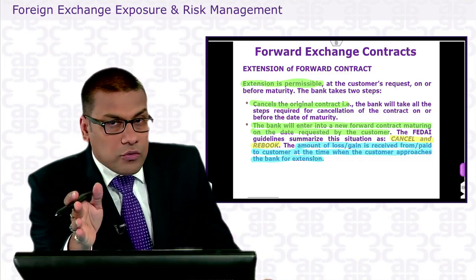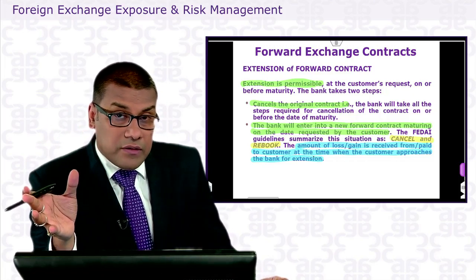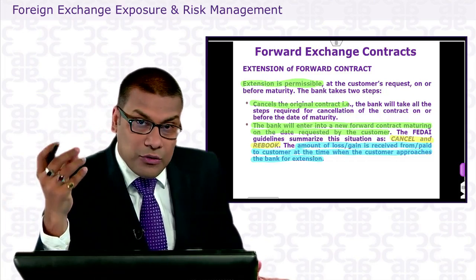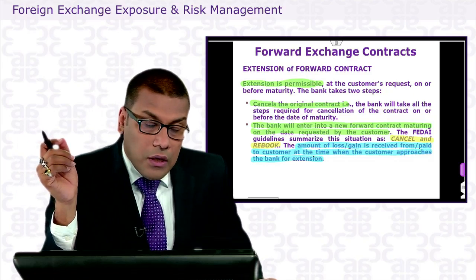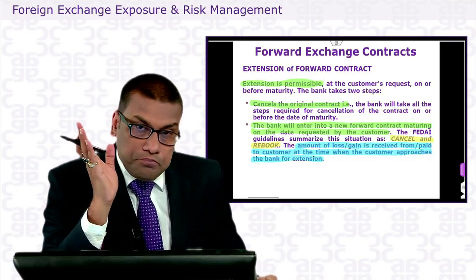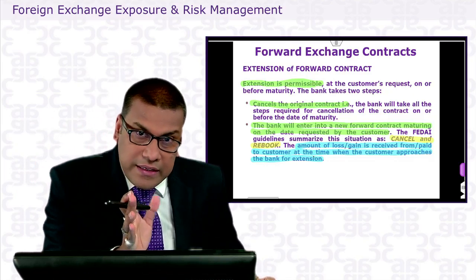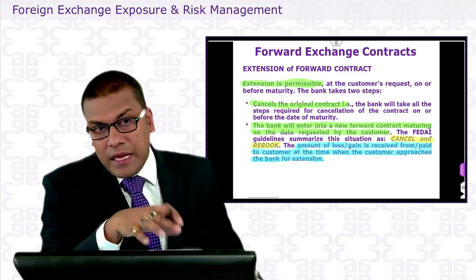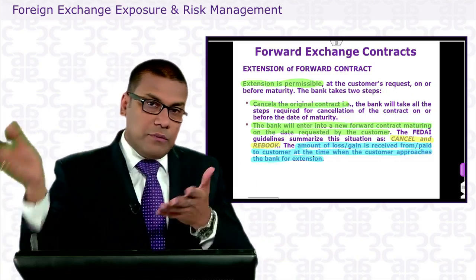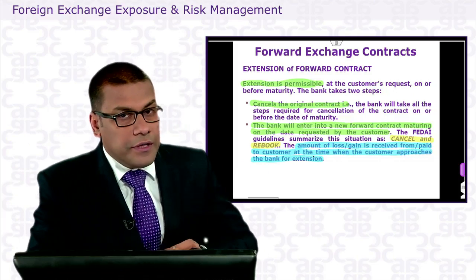Now you have entered into a forward contract, and we did make a point that it's customized, that you can have your desired date, you can have your desired terms and conditions which a bank would agree and accept and give you a contract. And the same contract can be cancelled, can be extended, can be early delivered also. That means you don't have to wait till maturity, you can enter into an early delivery situation.